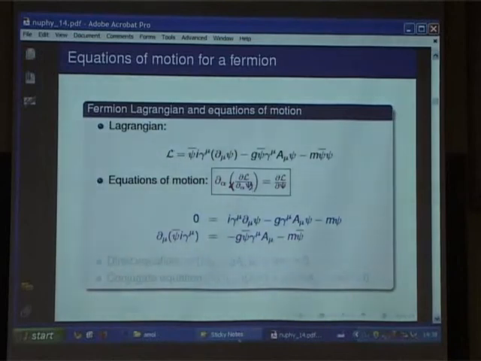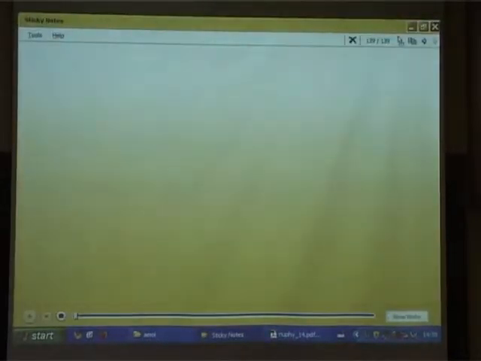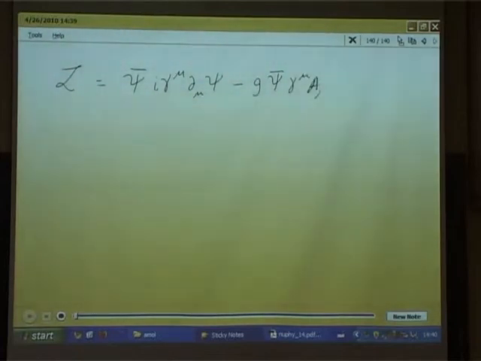So I think I should do it more carefully here, so let me write down the Lagrangian. The Lagrangian is psi bar i gamma^mu del_mu of psi, minus g psi bar gamma^mu A_mu psi, minus m psi bar psi. Let's write the equation of motion carefully, because it's important to keep track of it.